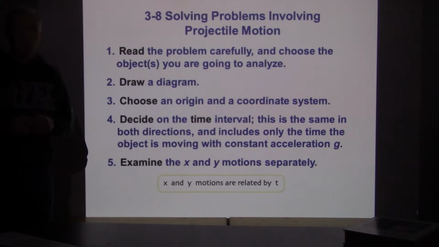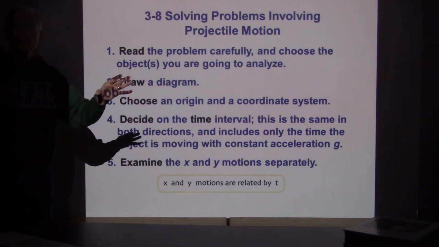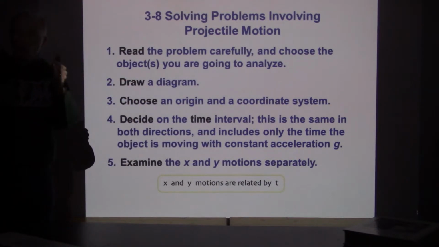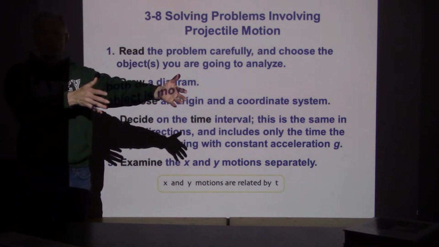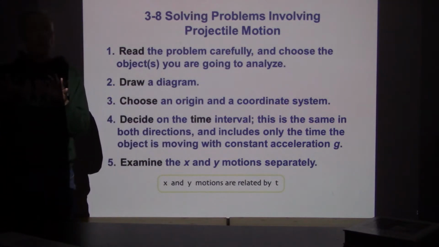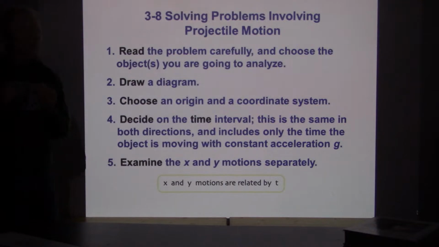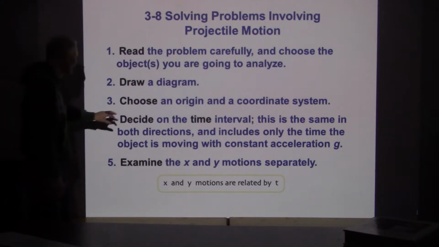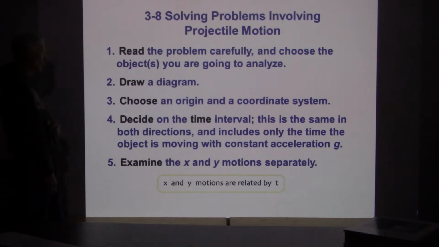During a problem, you can break it up into pieces. You can set up one coordinate system to answer one question. Maybe you set up a different coordinate system to answer a different question. That's allowed. But while you're in the process of answering one question, you got to stick with a consistent coordinate system. Decide on time intervals.